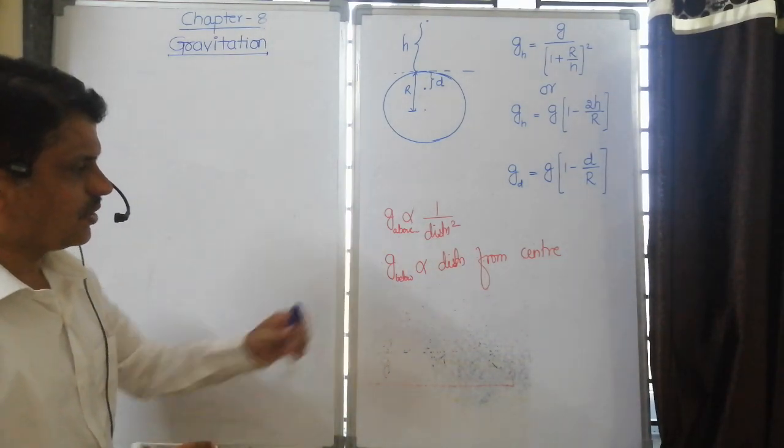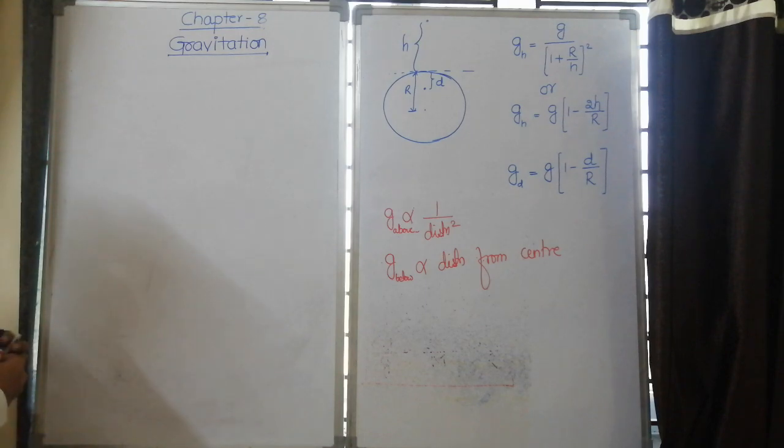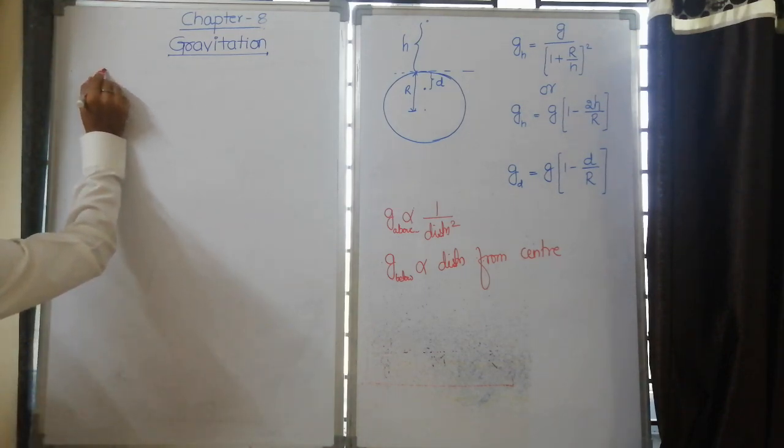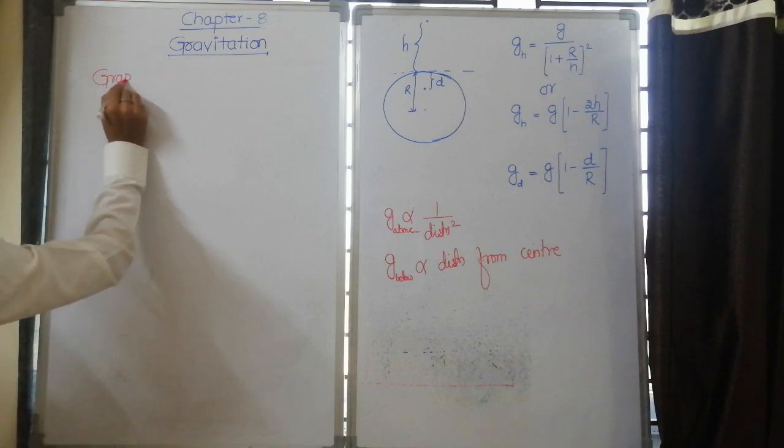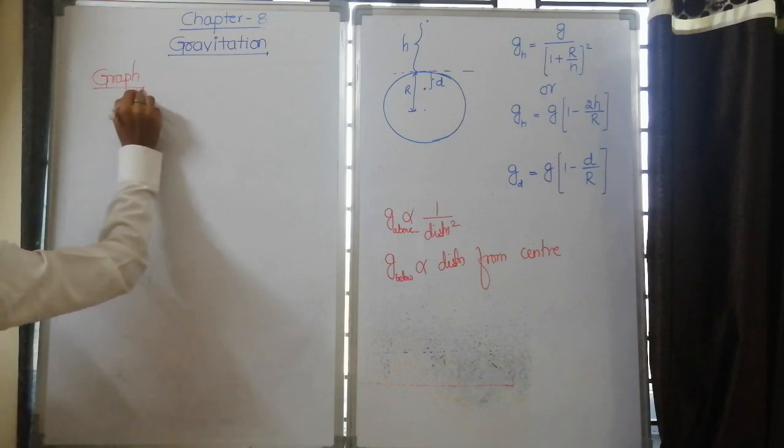Now, if I draw the graph, it's important. Many times we get this question. It is the graph of variation of g with distance.